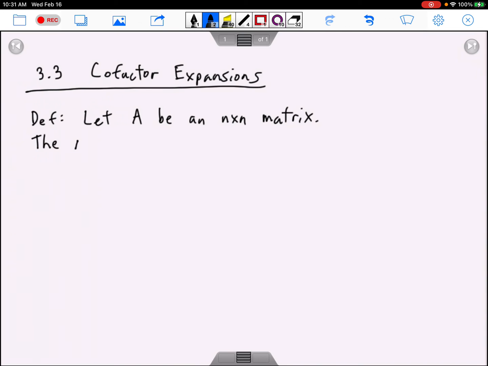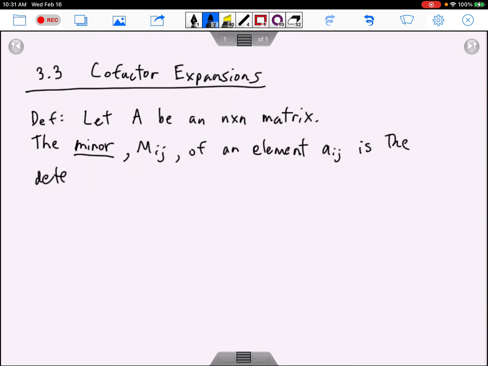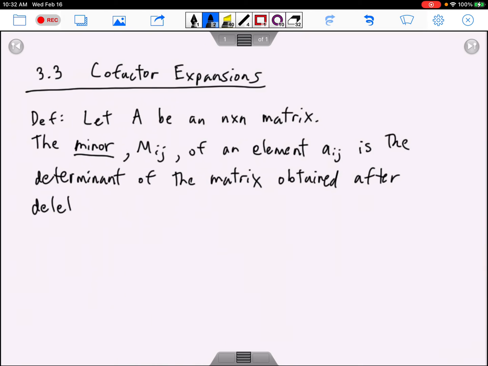The minor, which we use Mij for the symbol, of an element Aij is the determinant of the matrix obtained after deleting the ith row and jth column of A.